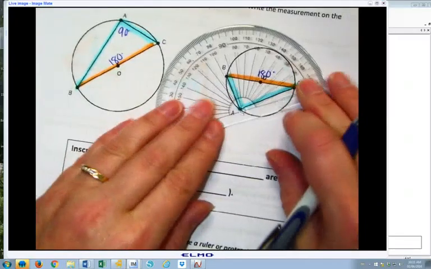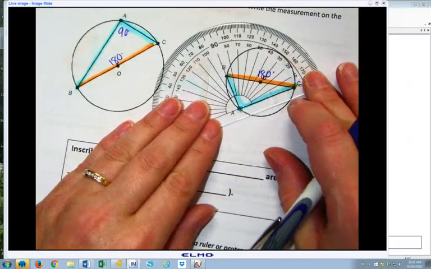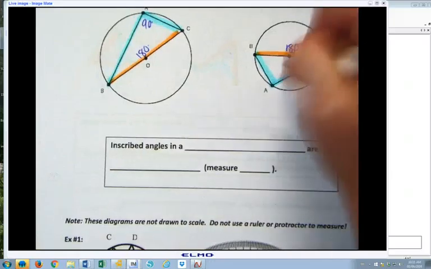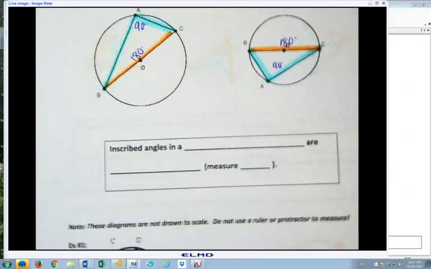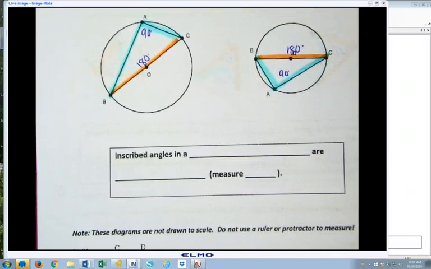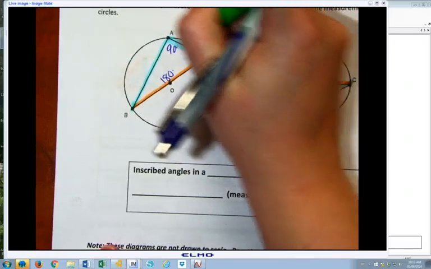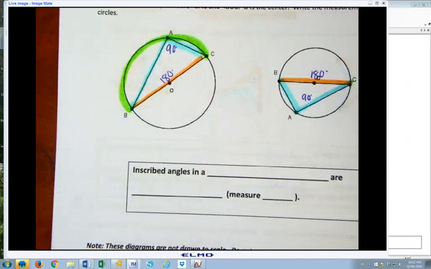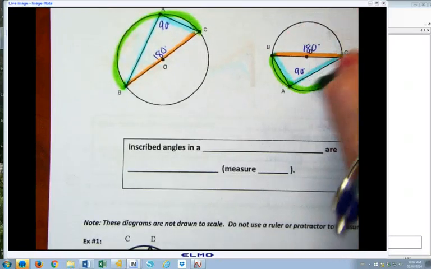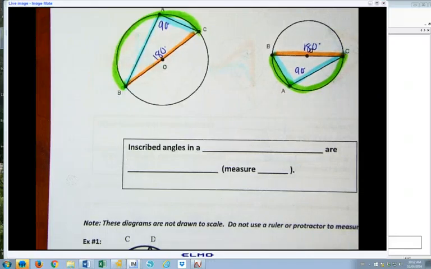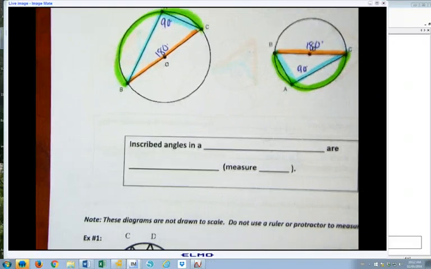Second diagram. 90. Well, I'm also going to color this part of the circumference. What did we call that yesterday?